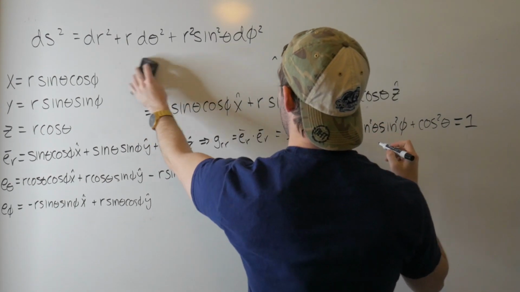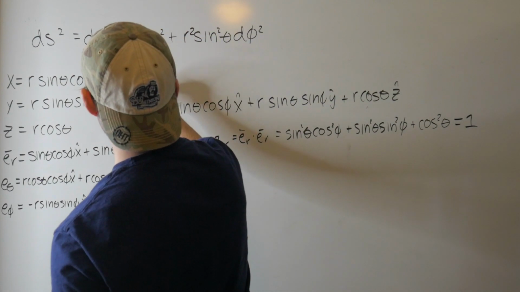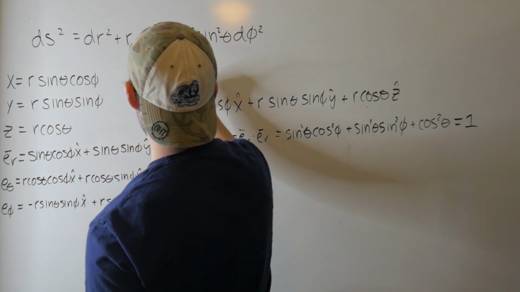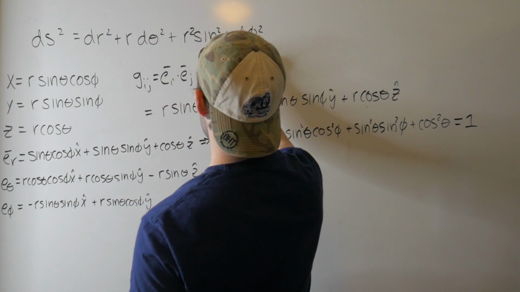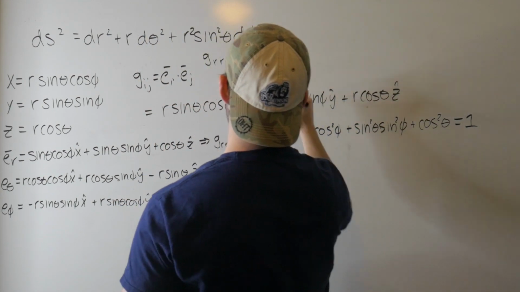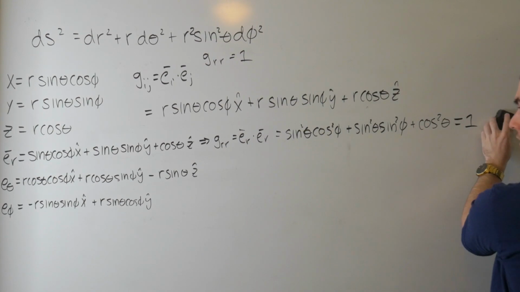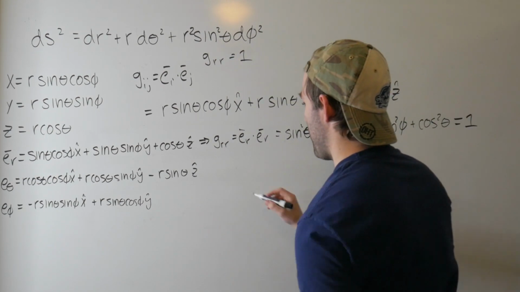So again, g_ij is equal to e_i dot e_j, and we have g_rr is equal to 1 based off of this dot product. Now let's go ahead and do it for this one.